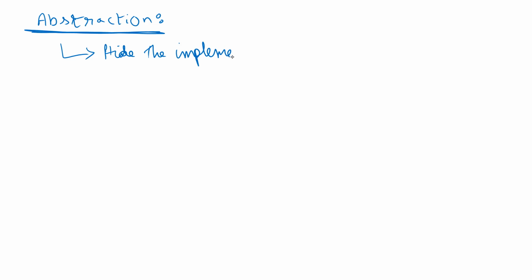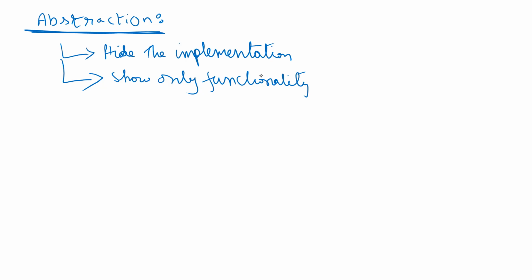Abstraction is a process of hiding the implementation and showing only functionality to the user.